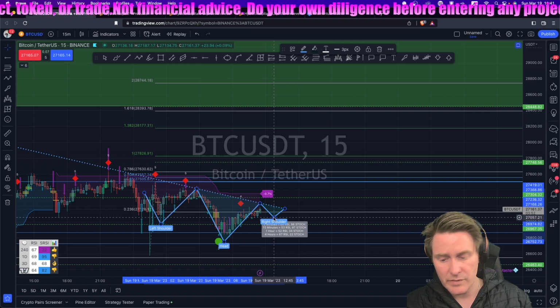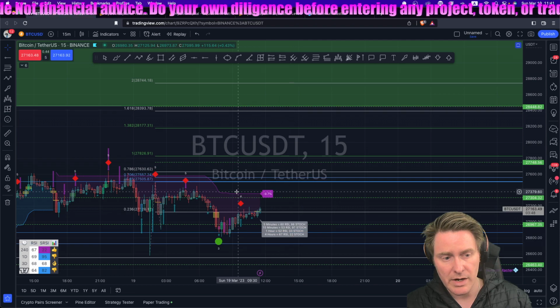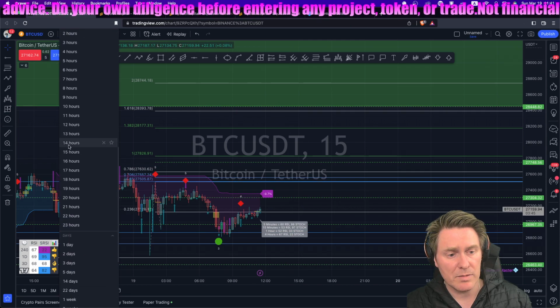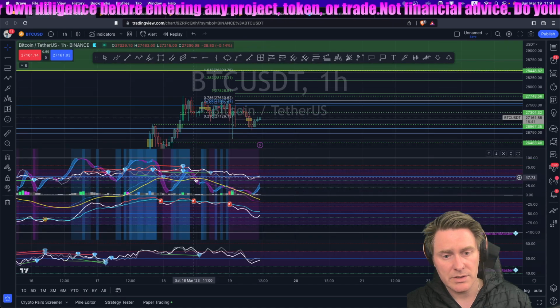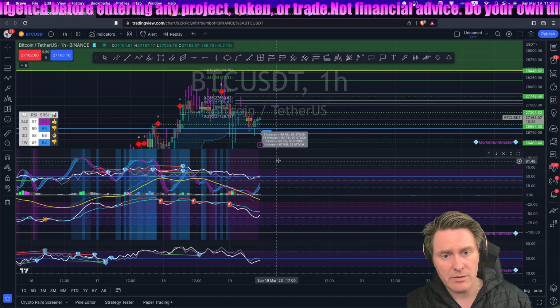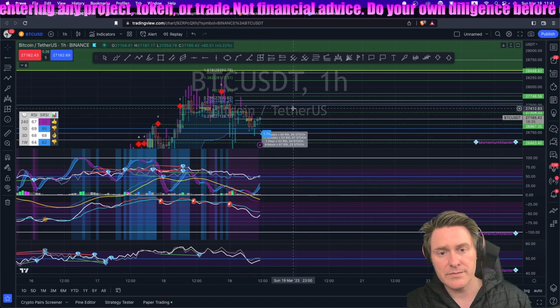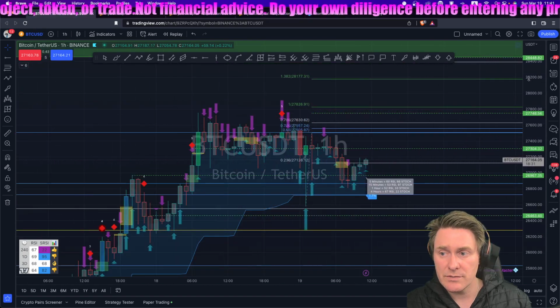Or if you're more of a risky trader, you could just play the hourly 4-hour play. And what is the hourly 4-hour play? Well, the hourly was previously oversold, so you're starting to see the hourly come up. So are you going to get that hourly push out of here is the question.